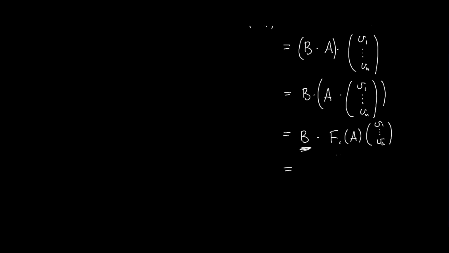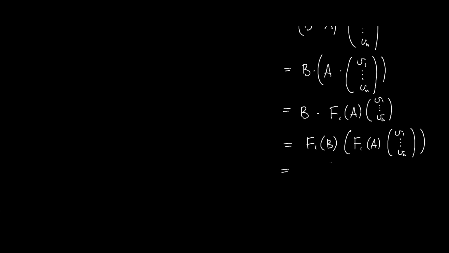But B times a vector is nothing other than f1 of B of that vector. And now these are linear maps, and if I apply one linear map to another and then finally apply it to a vector, it's the same as applying the composite of these linear maps to this vector.